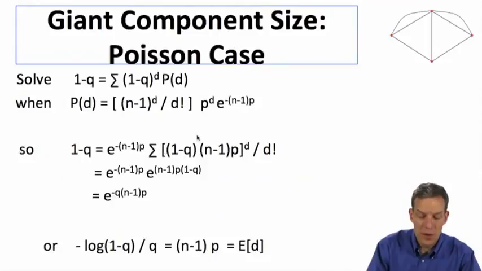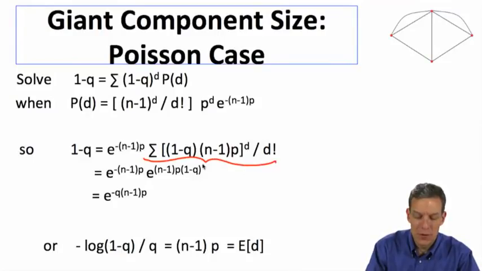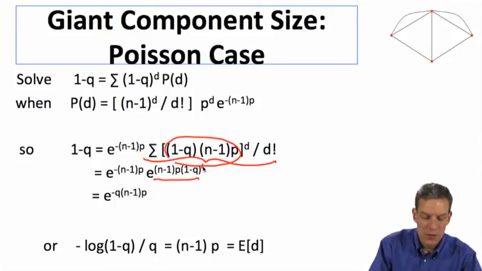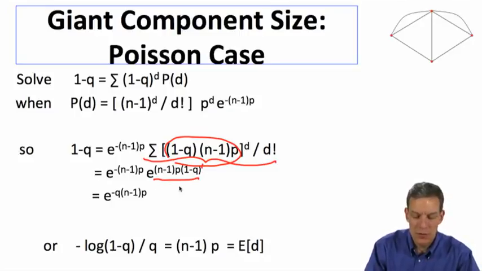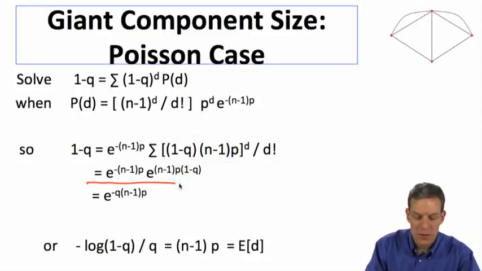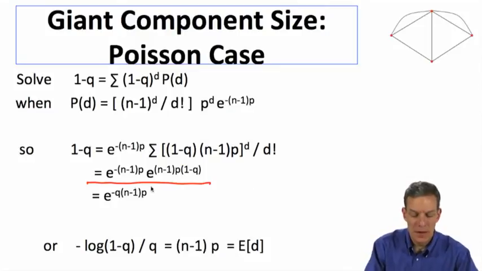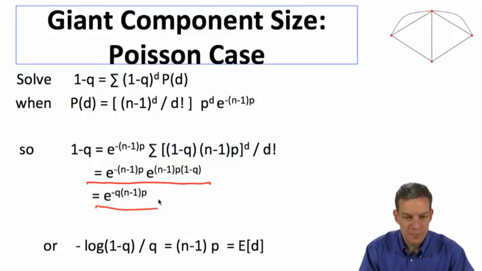So when we plug in that expression, we can rewrite this, given our formula, as the exponent of what's inside here. We rewrite this in a nice form so that 1 minus q is equal to this expression here. Collecting terms, some of our p's simplify, and we end up with e to the minus q times (n minus 1)p.